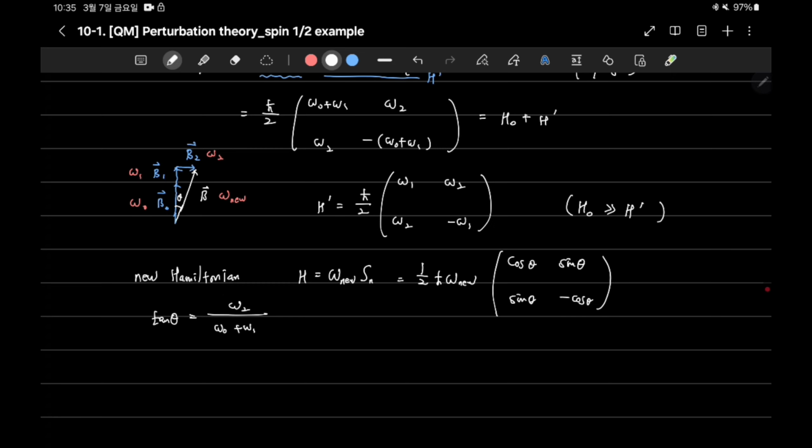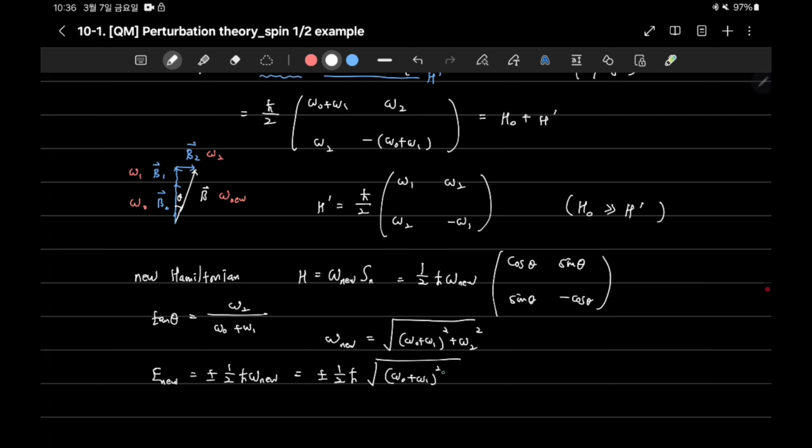The amplitude omega nu is the square root of omega 0 plus omega 1 squared plus omega 2 squared. So in this case, the new energy is plus minus 1/2 h bar omega nu, which is plus minus 1/2 h bar times the square root of omega 0 plus omega 1 squared plus omega 2 squared.